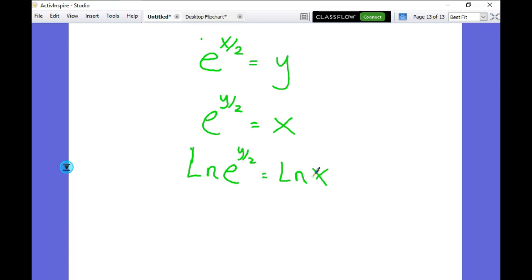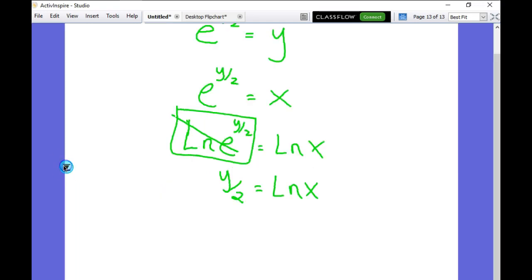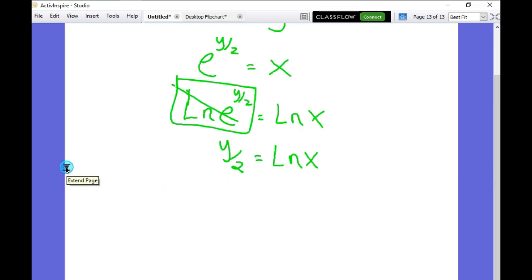Yeah. So what happens over here? What will I be left with? y over 2. Now what? Multiply the 2 out. We want to get y by itself. So we're going to multiply both sides by 2. I'll put it over here in the front.